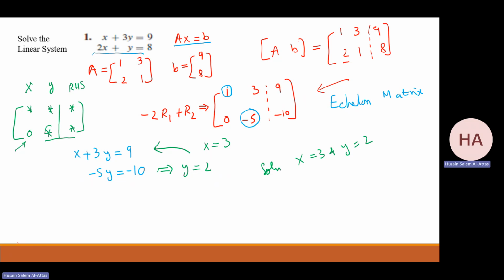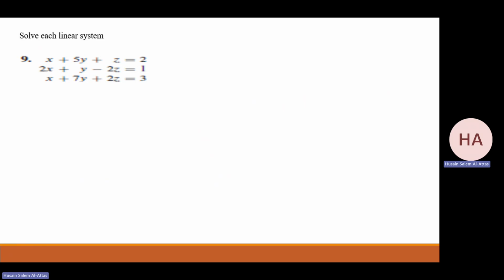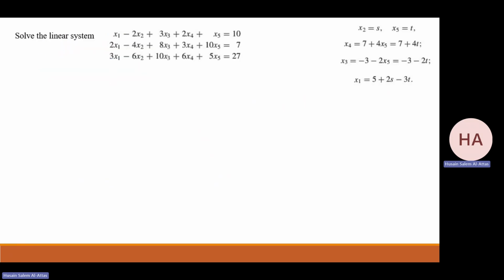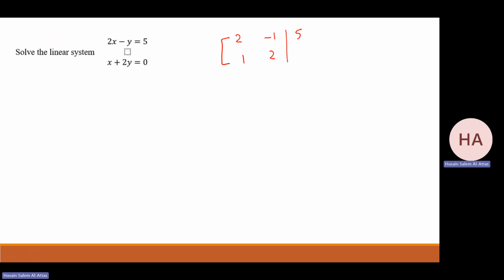Yeah. I can do the same for this equation. By the way, those are the ones which I did before, just to show you what will happen. Okay, so let us do these things to see what will happen. Right away, I'll do the augmented matrix. I'll try to solve them as quickly as possible. Okay, so I have the augmented matrix 2, minus 1, 1, 2, 5, 0.